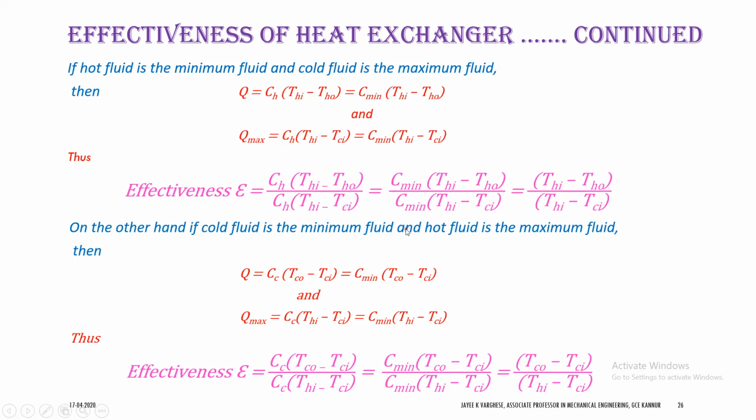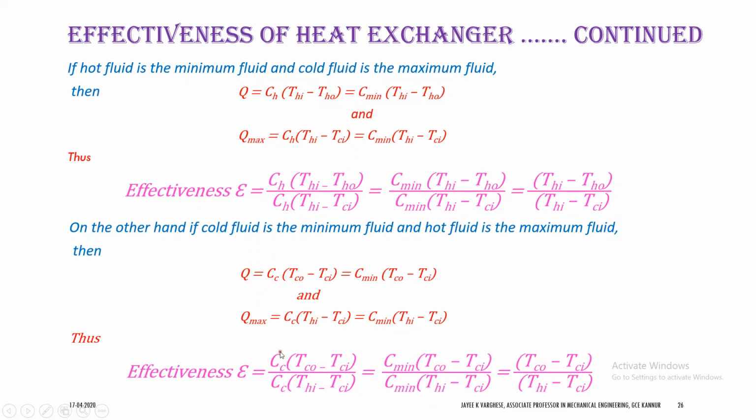Now, on the other hand, if the cold fluid is the minimum fluid, again we can get a similar relation. Q is equal to Cc into Tco minus Tci, and since the cold fluid is the minimum fluid, we write Cc as C min into Tco minus Tci. Qmax is written as Cc into Thi minus Tci, and Cc is the minimum, so C min into Thi minus Tci. Then effectiveness is the actual heat transfer divided by the maximum possible heat transfer.